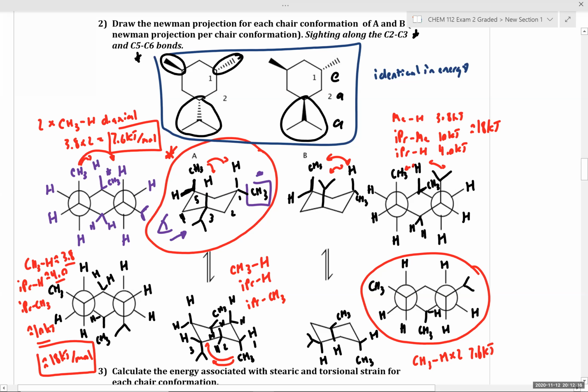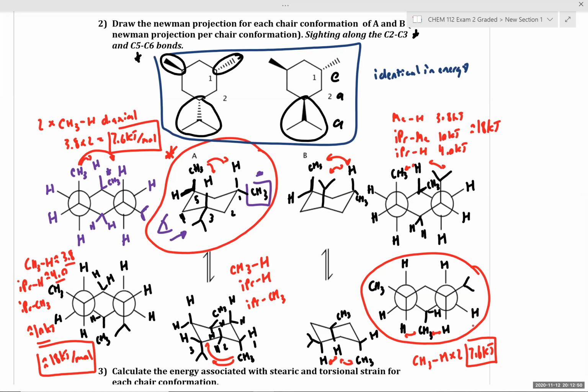Yes. Perfect. So after a ring flip, all of our axial substituents become equatorial, and all of our equatorial substituents become axial. So now we end up with an equatorial isopropyl, an equatorial methyl, and an axial methyl. In turn, when we look at our 1,3 interactions, we have two 1,3 interactions costing a total of 7.6 kilojoules per mole.